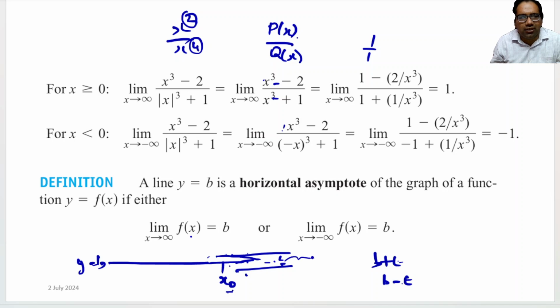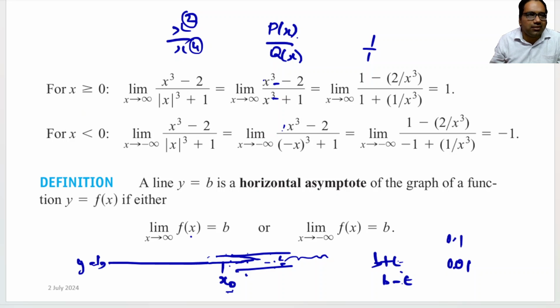If you are going right, it should always lie between these two lines. Epsilon can be 0.1, 0.01, whatever epsilon we define. Epsilon is a positive quantity, right? That is a horizontal asymptote. Informally, a horizontal asymptote is that line to which the graph approaches as close as we want.